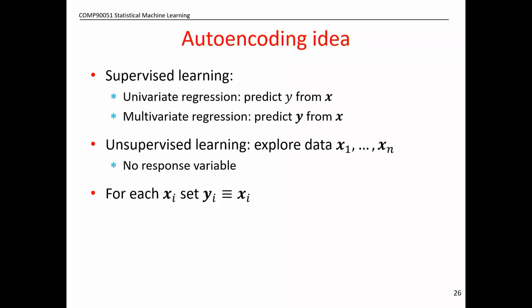Okay, so in the idea of autoencoding, we're going to use a tool, the neural network, that can do supervised learning. So it can output Y's, and we can measure how good the Y's are with respect to losses. We're going to use a supervised learner to do unsupervised learning. So we're going to use the input features to predict the input features.